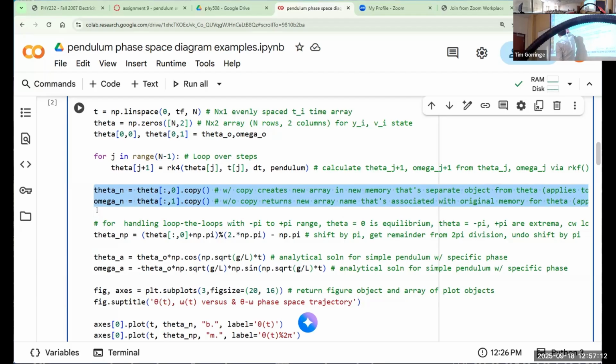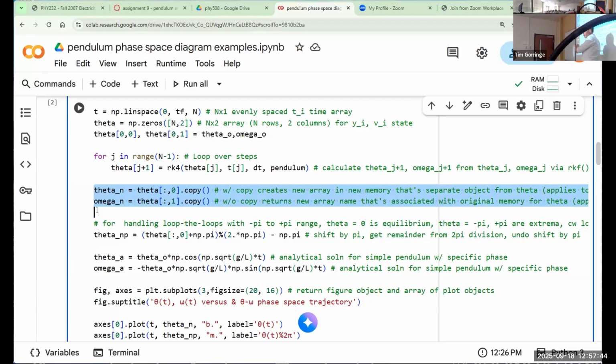If we didn't have copy here, what Python will actually do with these numpy arrays is just make the variable theta underscore n point to the same location as where this array theta is starting. And the variable omega underscore n just points to the location of where this array is starting.